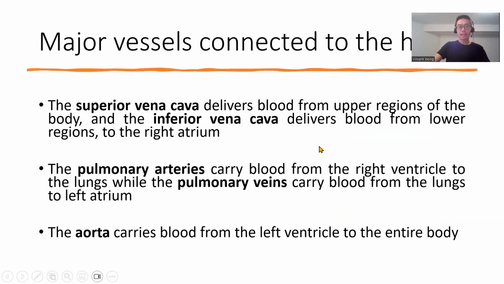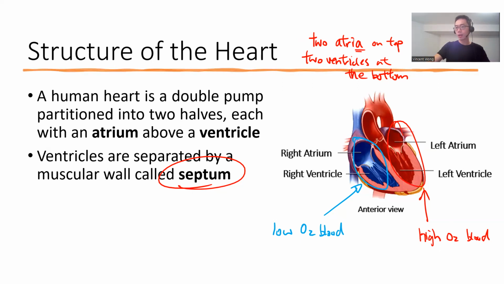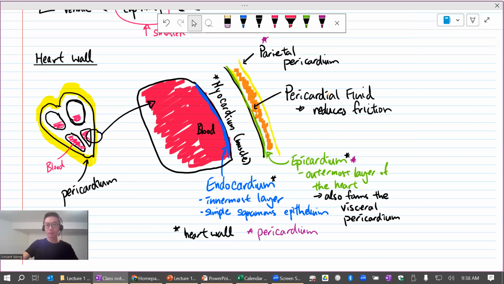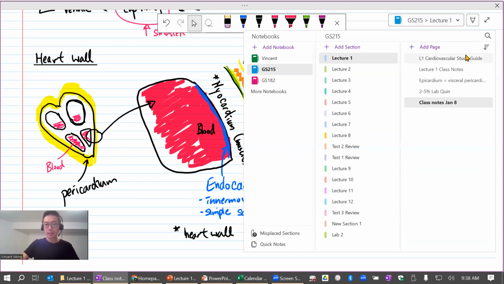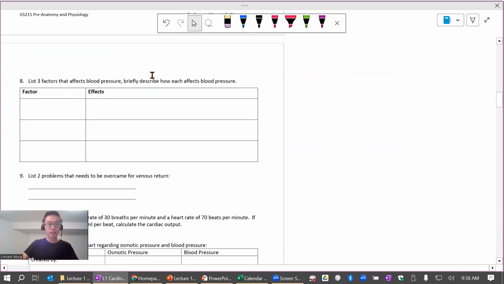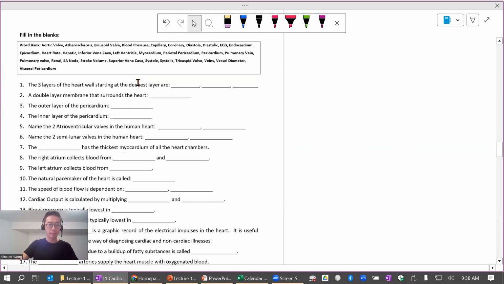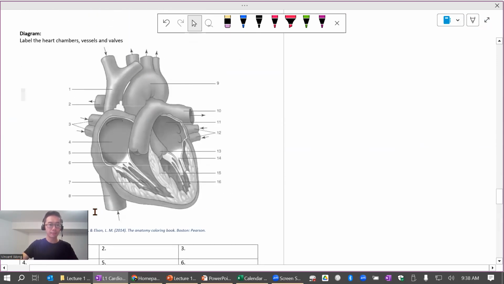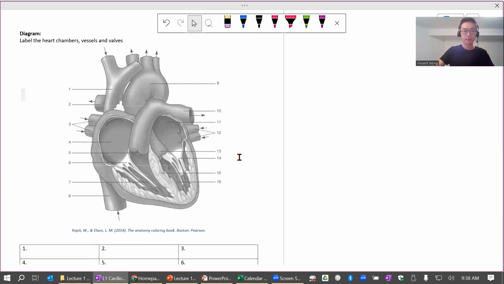All right. Let's go to our study guide, please. Let me move myself out of the way. And like I said, you need to have the study guide for the lecture. We're going to be using it quite a bit. So I want you to go to this diagram in the study guide.